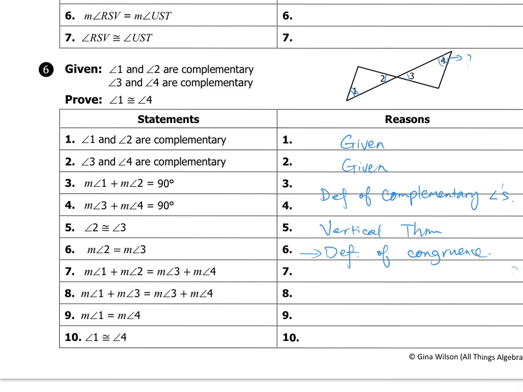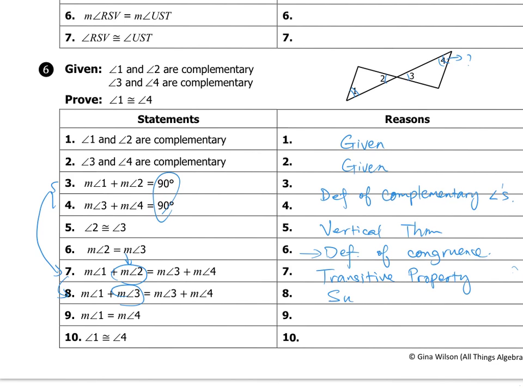So number 7, notice from steps 3 and 4 to number 7, it takes a transitive property or substitution. Either one works. And also notice right here from 7 to 8, the difference is here. If we borrow step 6, angle 2 and angle 3 are of the same measure, so they're replaceable.